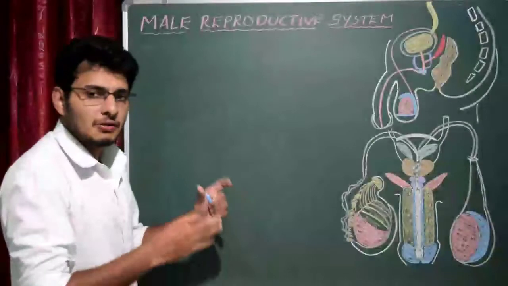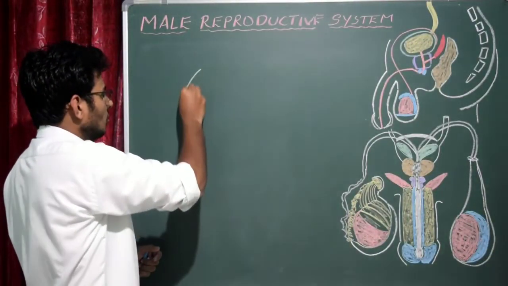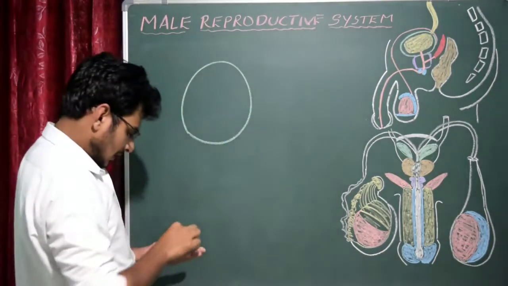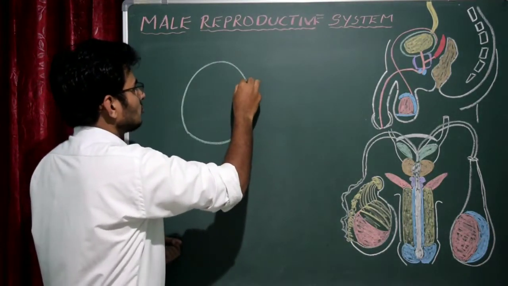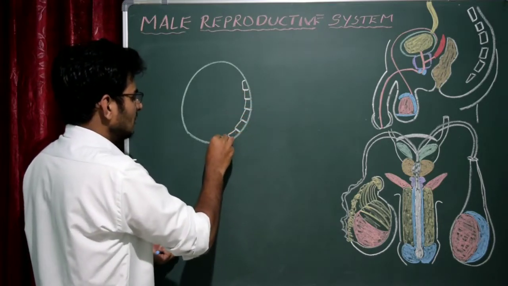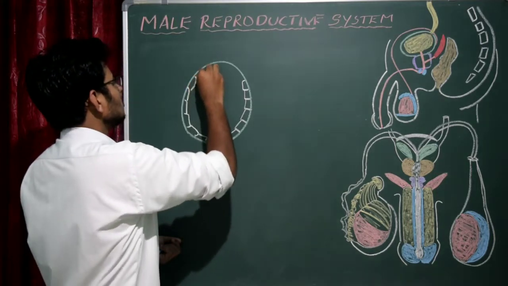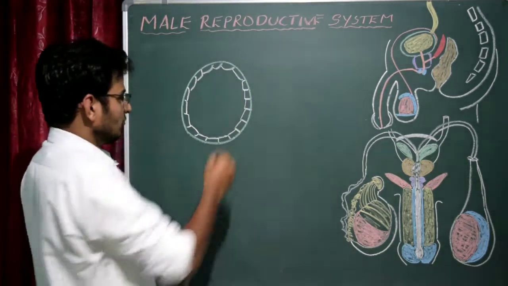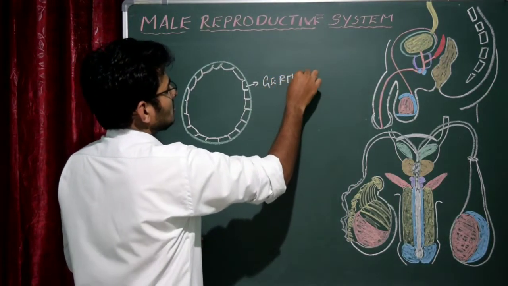Now let us learn what is there inside seminiferous tubules. I'm going to draw one seminiferous tubule. So this is one seminiferous tubule. Here I'm going to use a white color. Inside the seminiferous tubule you could see a single layer of cells, very close to the membrane of the seminiferous tubule, which is called germ cells.